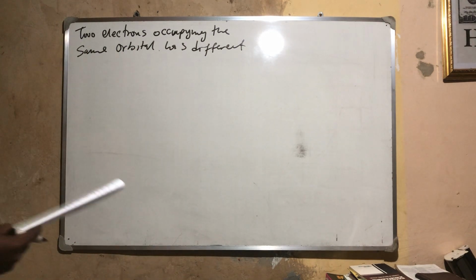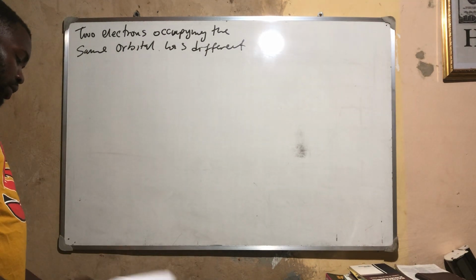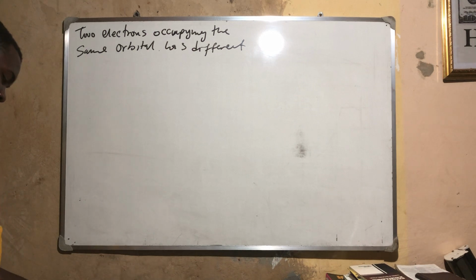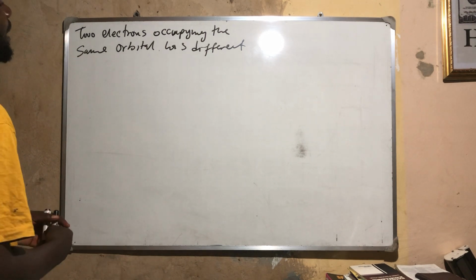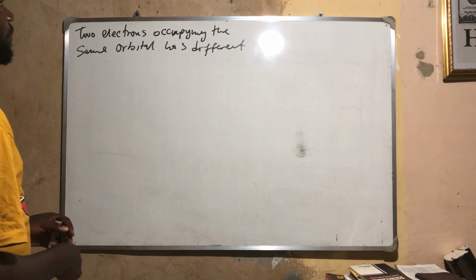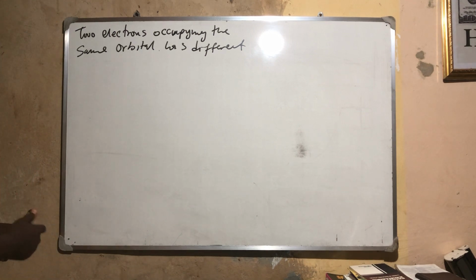Do they have different principal quantum number, or different azimuthal quantum number, or different subsidiary quantum number, or different spin quantum number? Now, if they occupy the same orbital, they will have everything the same except the spin quantum number.